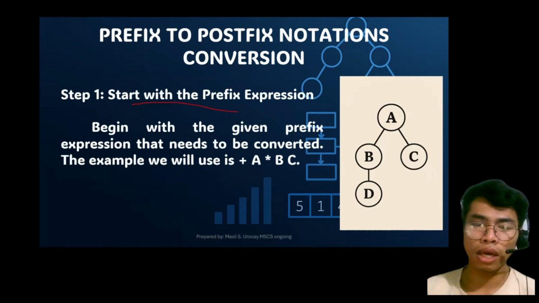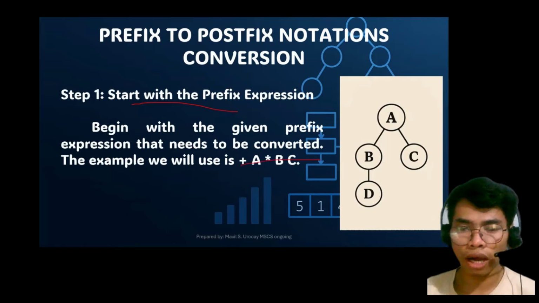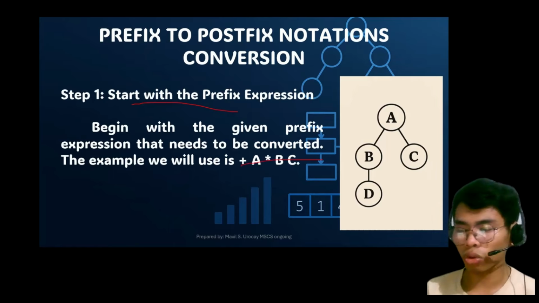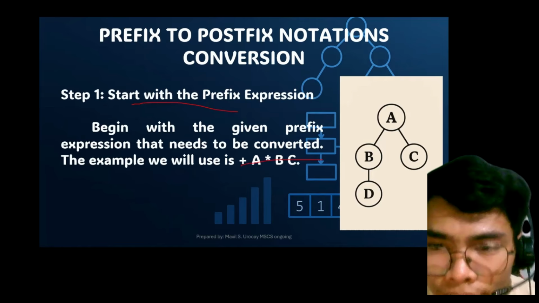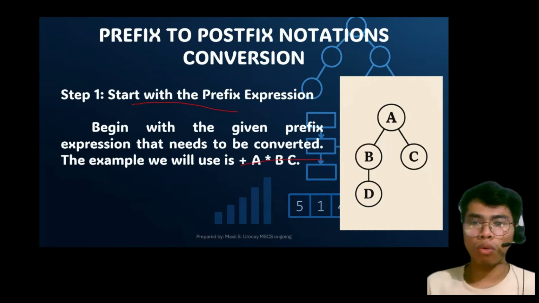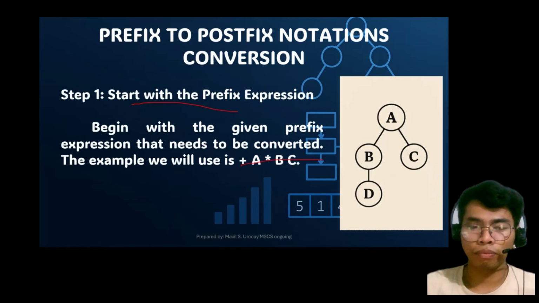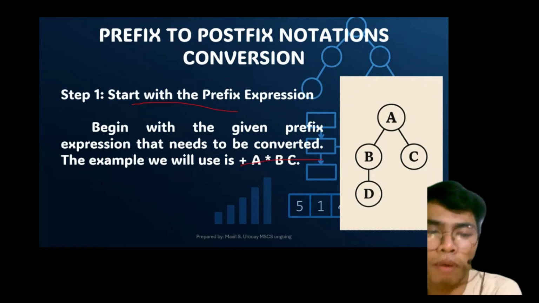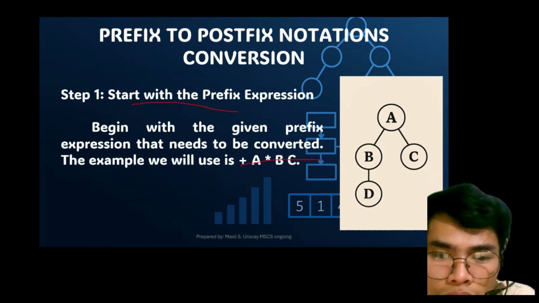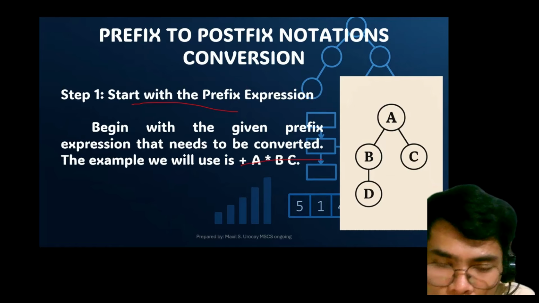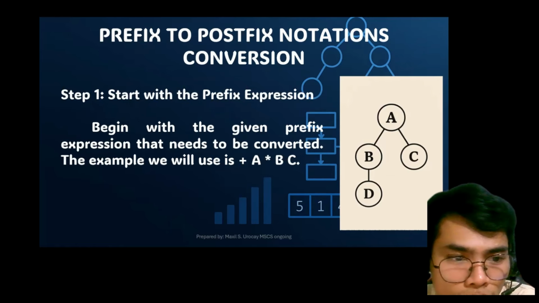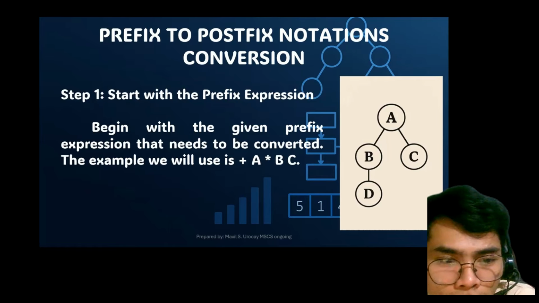The example will be like this. This is our expression right now that we'll begin to convert. So let's work on this carefully. Let's go ahead and check the next step.